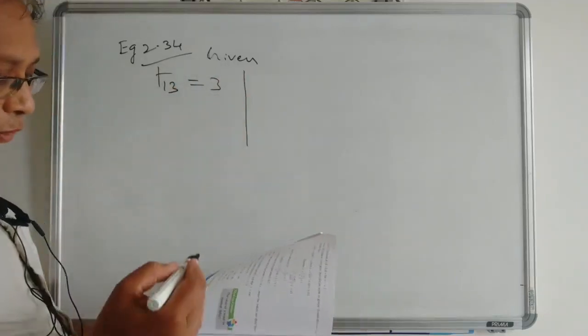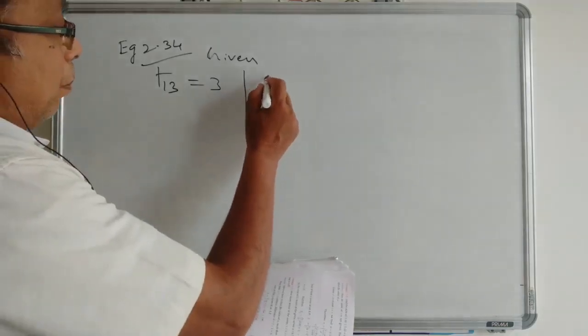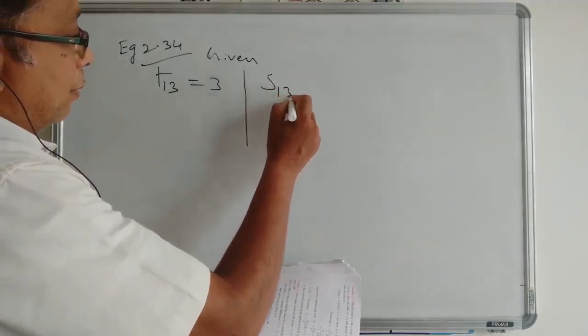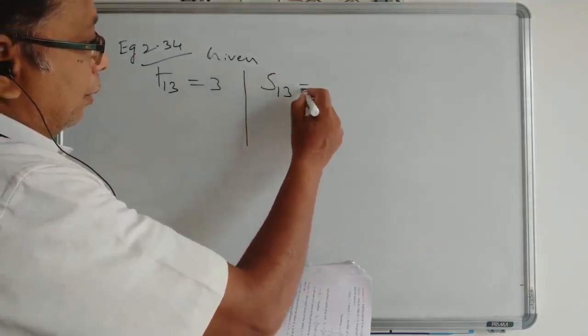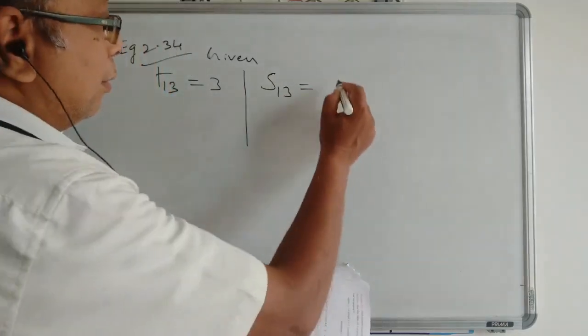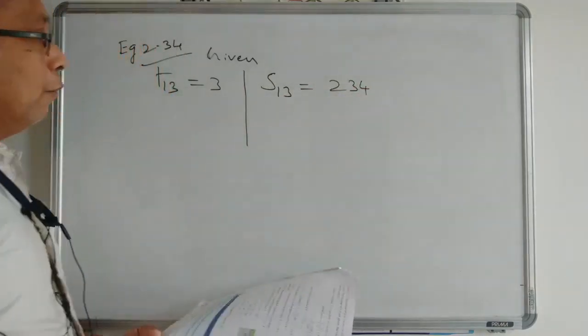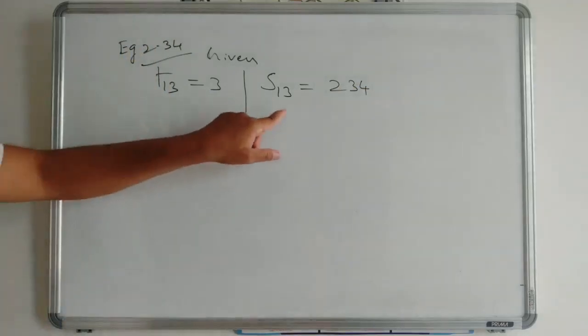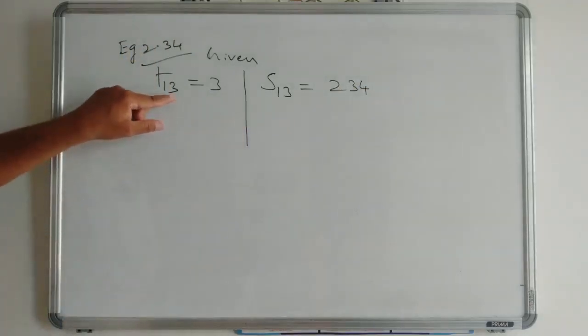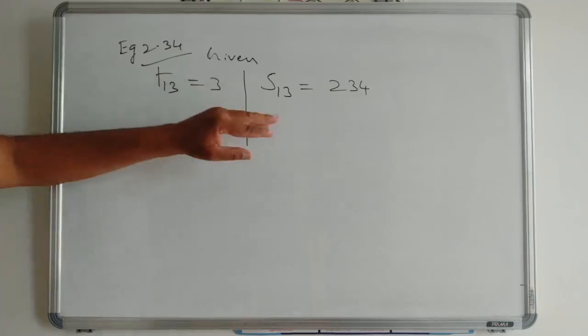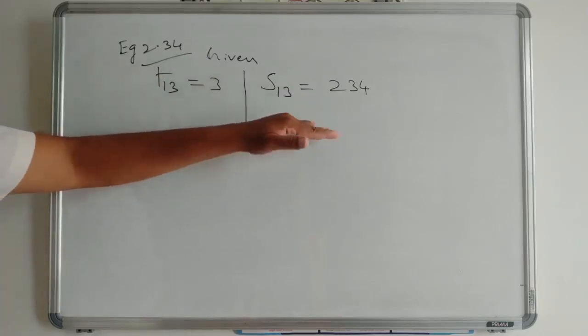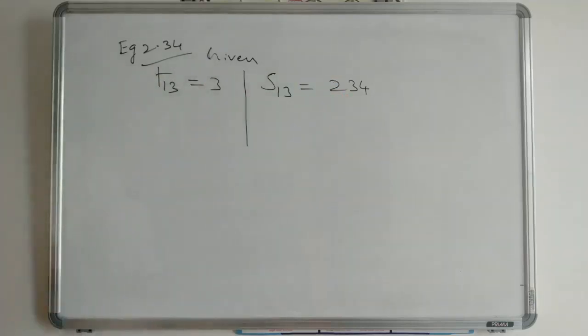Another one, sum 13 equals 234. You see, one is the term formula and the other is the sum formula. Both formulas we are using here.